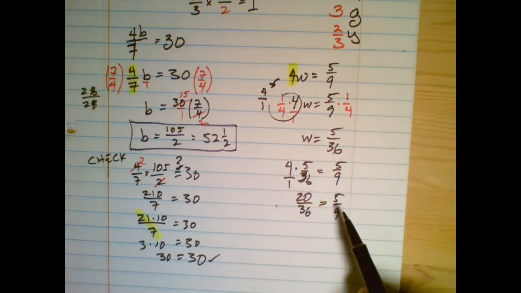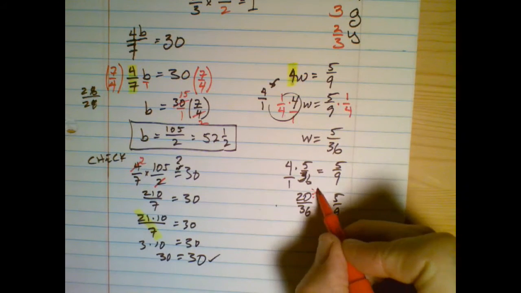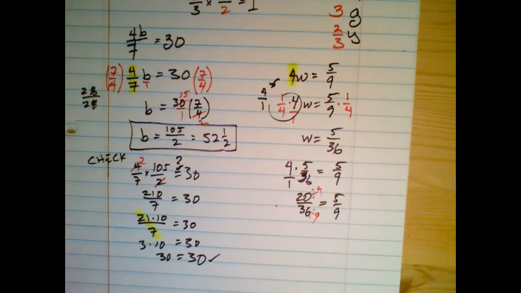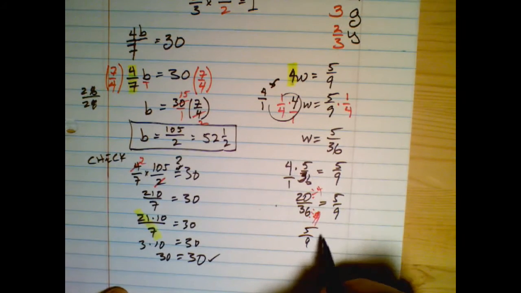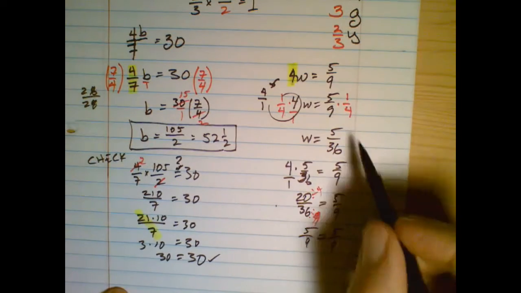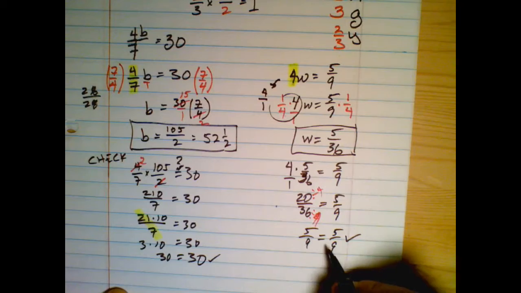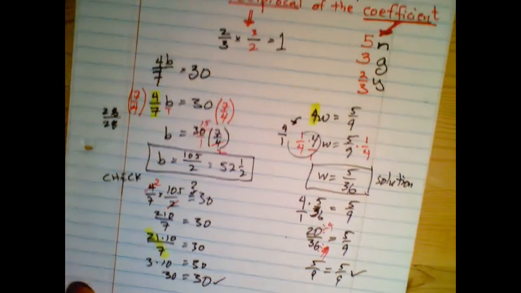Does it equal 5/9? I can divide both of these by 4. 20 divided by 4 is 5. 36 divided by 4 is 9. 5/9 equals 5/9. And again, because this checks, both left and right, that means my solution is correct.